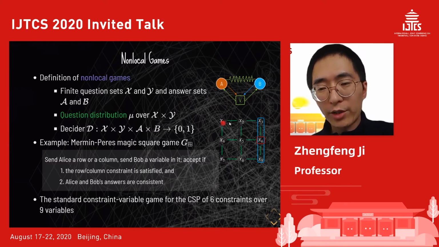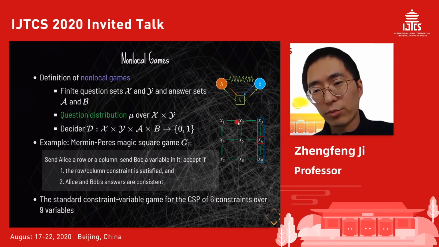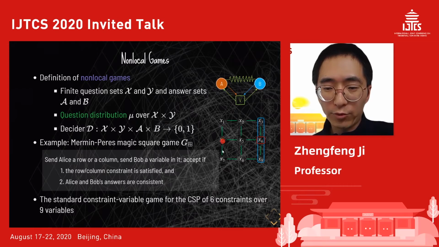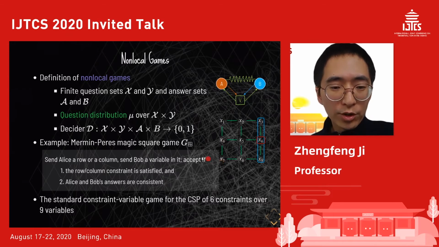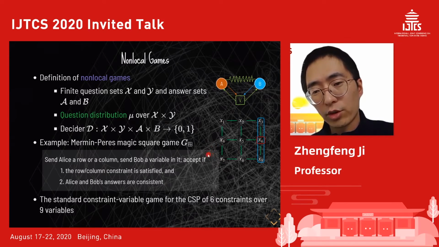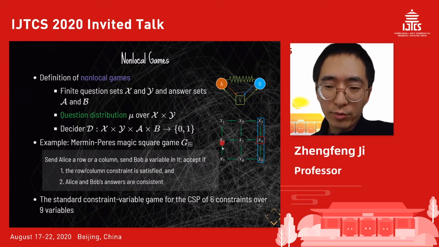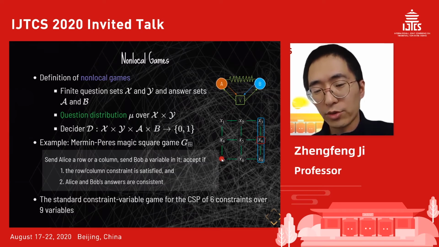These are binary variables, so x1 plus x2 plus x3 is 0, and x1 plus x4 plus x7 is 1. You know that this is a constraint system with no classical solution, because when you sum over all the variables by rows, you get 0, and if you sum over all the variables by columns, you get 1.